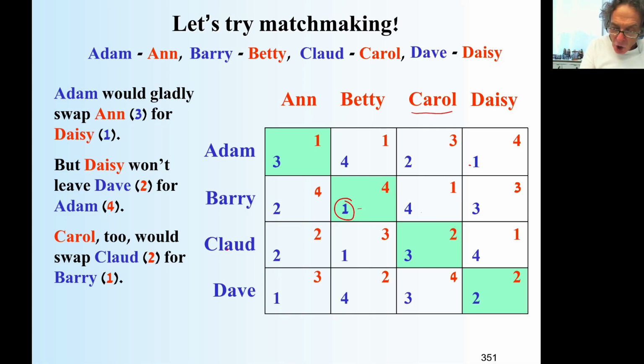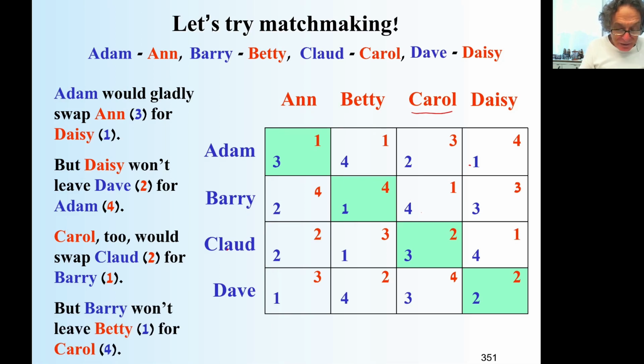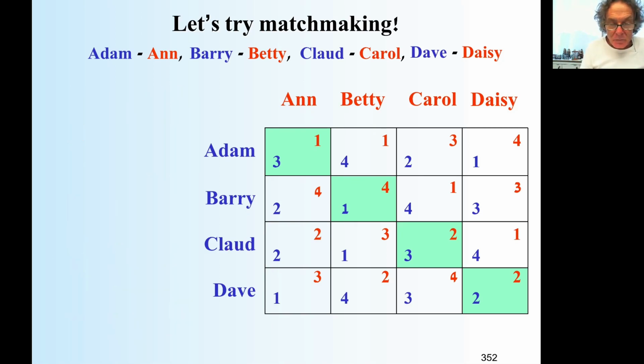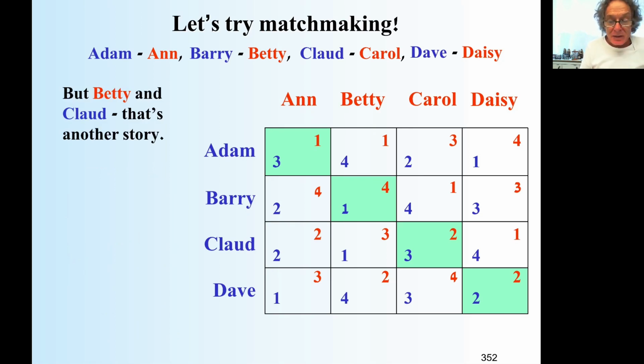So it's again not a contradiction. Barry will not leave Betty, number 1, for number 4. So meanwhile, we did not get any contradiction. But as I told you, Claude and Betty is something different. Betty and Claude, that's another story.